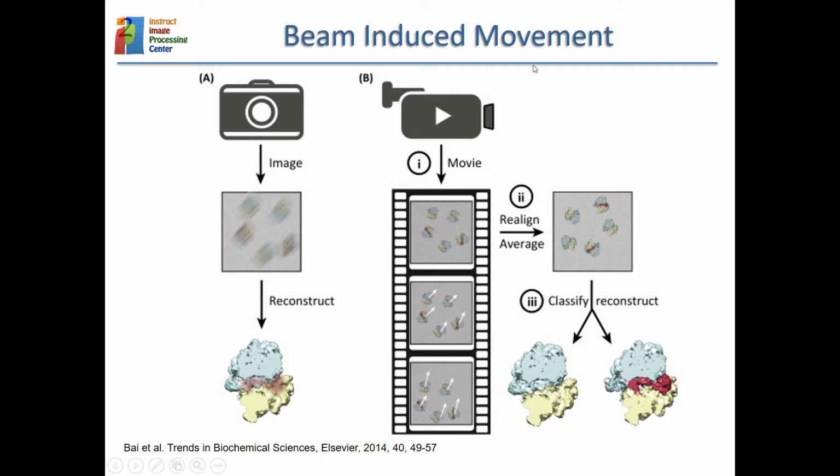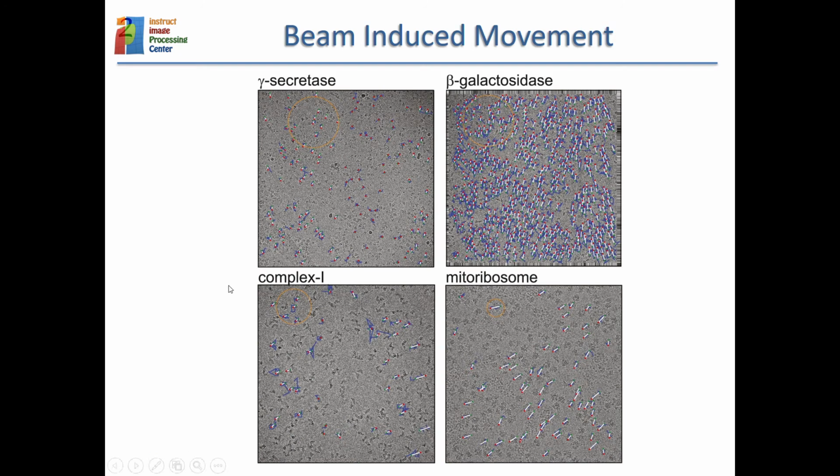And this is the idea behind all these beam-induced movement corrections. So the objects were moving, and even more, each object is moving in a different direction. So the movement is local, and it is not only in plane, but it is also out of plane. So we should also correct for rotations. And here you have some examples. In some regions they may move less, in some other regions they may move more.